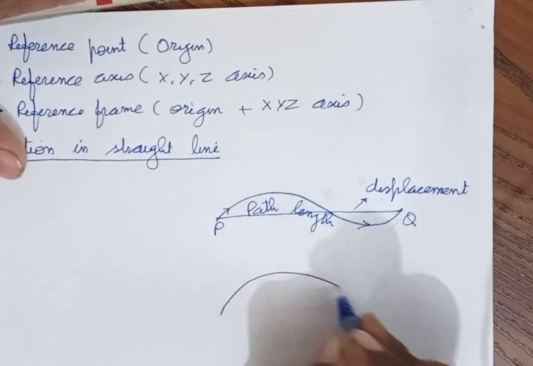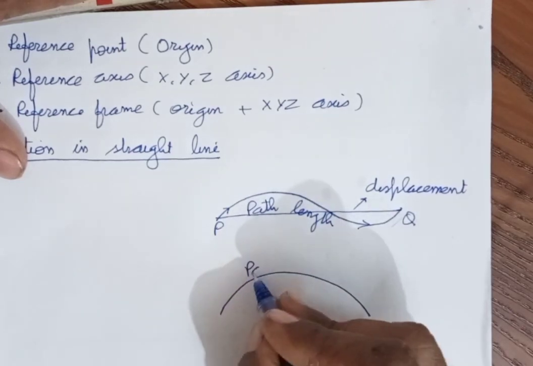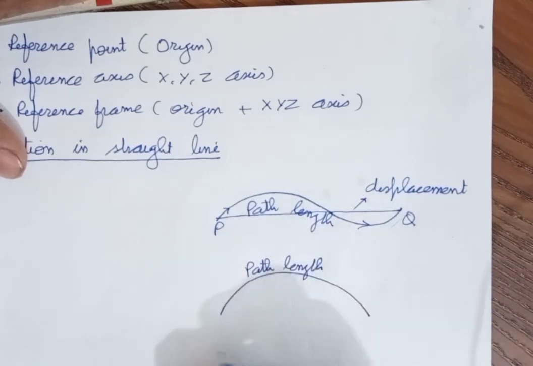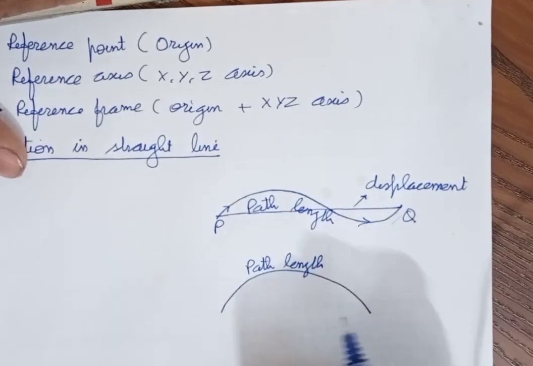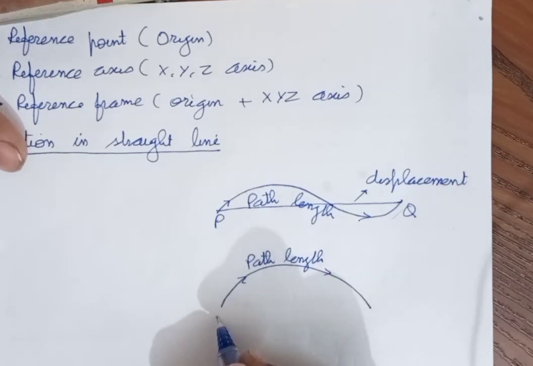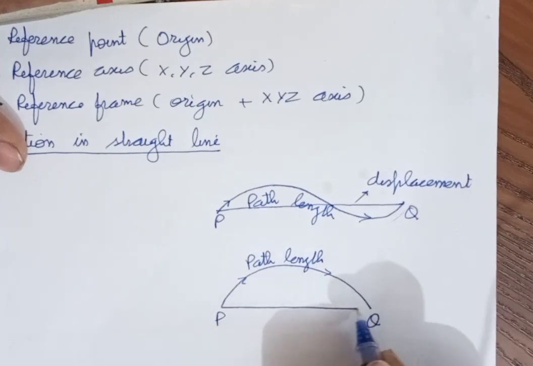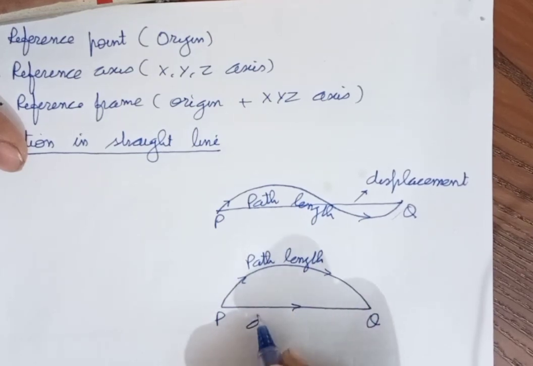See, an object has moved like this. So this is path length. Path length is here semicircular path. Total length of semicircular track is known as path length. However, the minimum distance from P to Q is known as displacement.